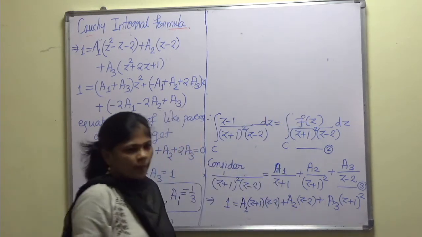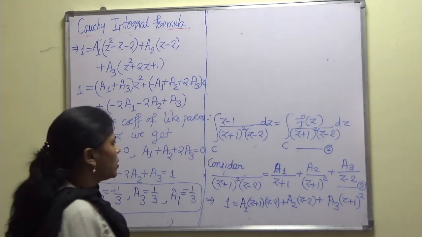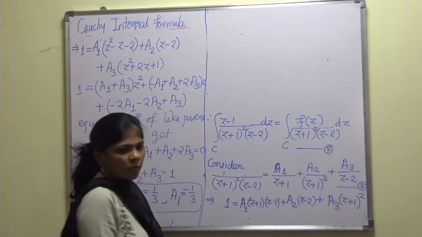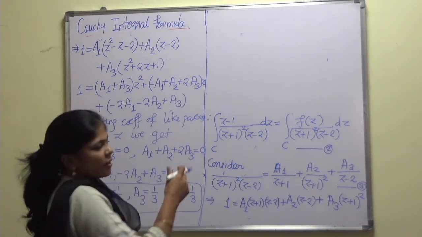So therefore what we have, this will get replaced by 1 upon z plus 1 whole square, z minus 2 will get replaced by, so what will it be?